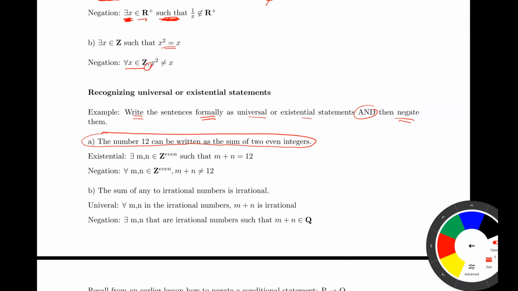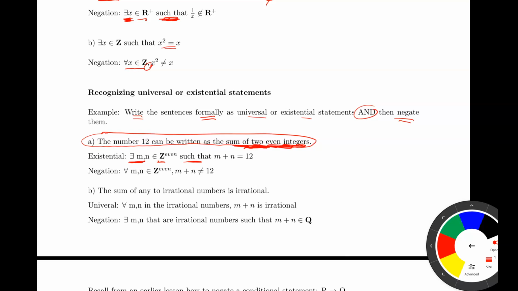First off, the number 12 can be written as the sum of any 2 even integers. So I'm saying there are 2 even integers that exist. So there exists an m and n in the even integers such that m plus n is 12. Right? I can find 2 numbers, m and n, in the even integers such that m plus n equals 12.